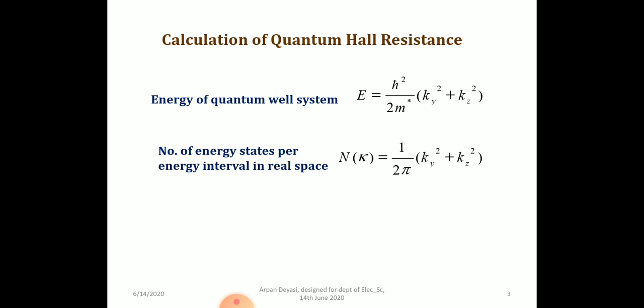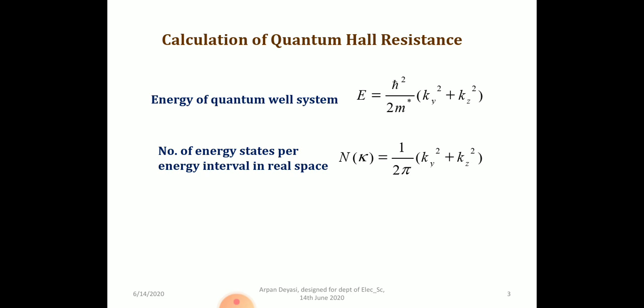If you have a quantum well system, naturally it will have 2 degrees of freedom. Say I am considering the z direction is quantized, or say the x direction is quantized, or y direction, whatever. For my calculation I am taking the x direction quantized, and y and z, that means the yz plane, is free for the carriers to move.